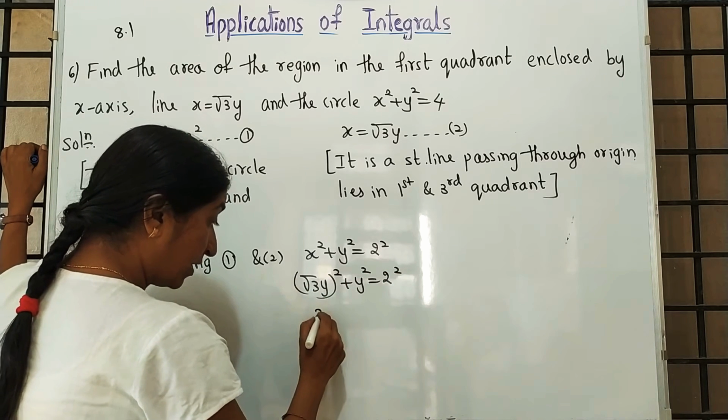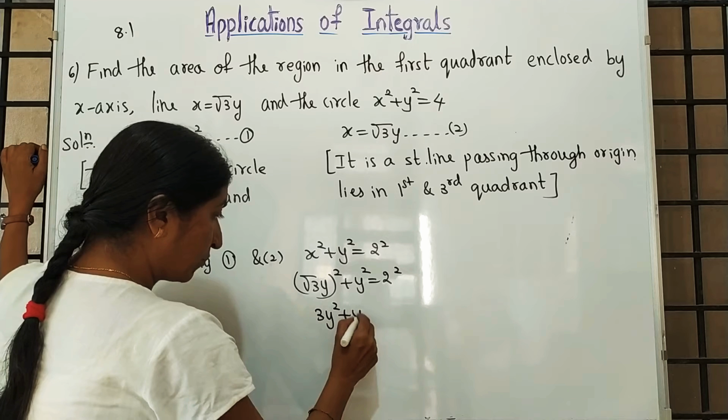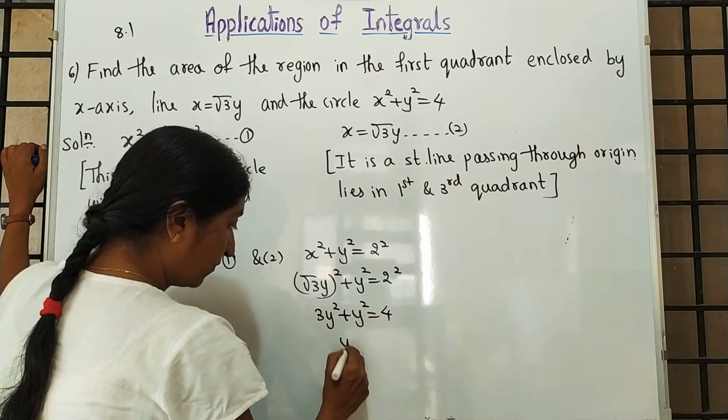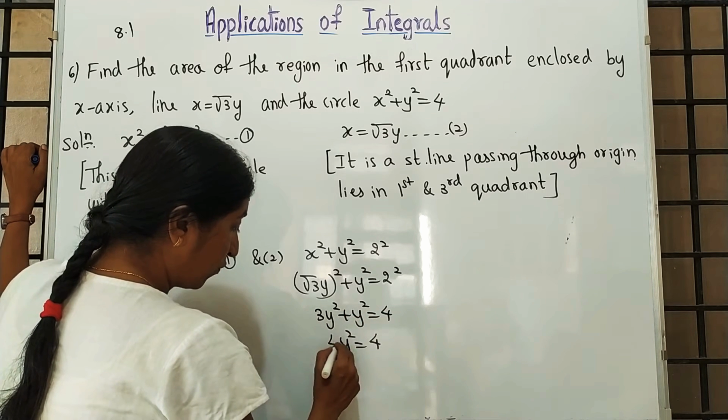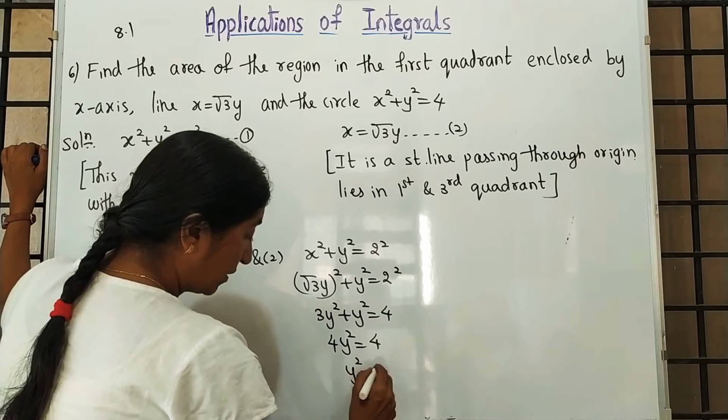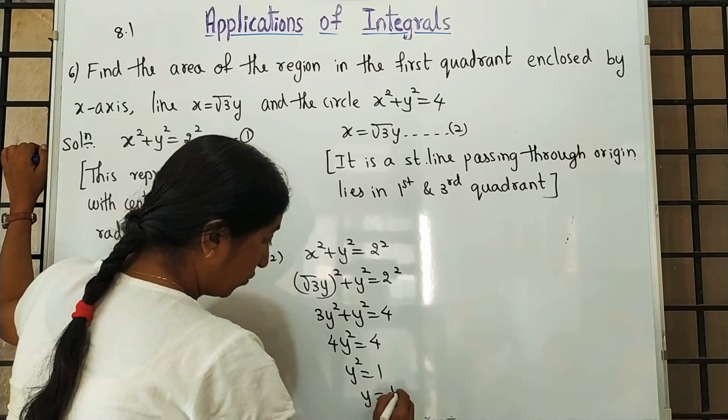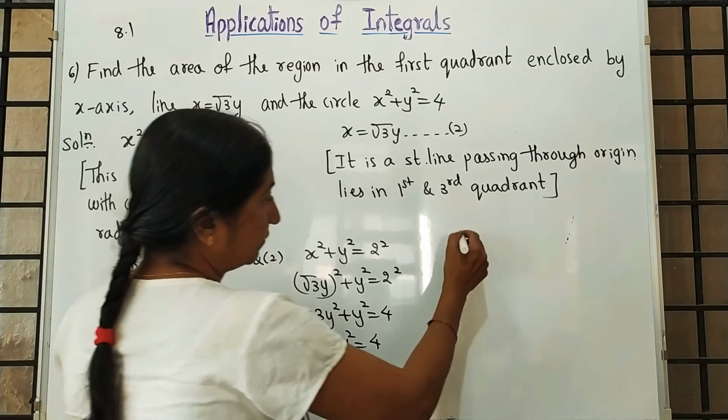Square root and square, it is 3y square plus y square is equal to 4. 4y square is 4. y square is 1. y is equal to plus or minus 1.